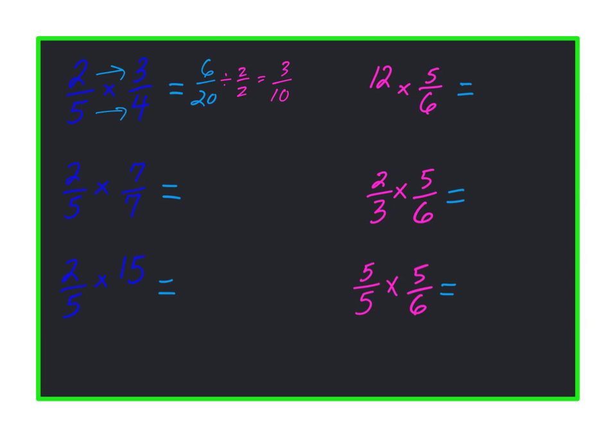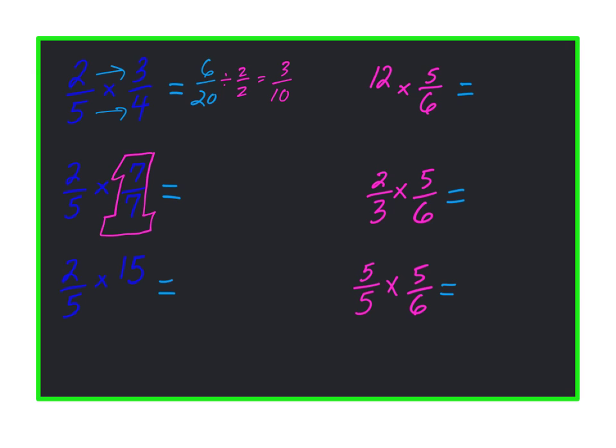My next one here, I have 2/5 times 7/7. Okay, before I multiply straight across, let's take a look at this. This 7/7 is another way to say 1. So rather than multiplying it out, I'm basically saying, what is 2/5 times 1?